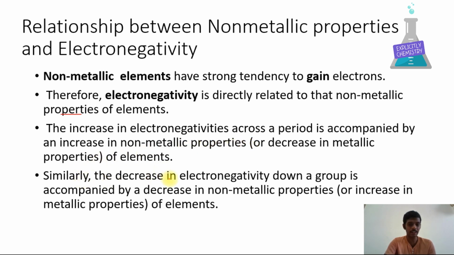Similarly, the decrease in electronegativity from top to bottom is accompanied by a decrease in non-metallic properties, in other words, an increase in the metallic properties of elements. For example, take the molecule KCl. Chlorine is more electronegative than potassium, so the shared pair of electrons will be pulled toward chlorine.